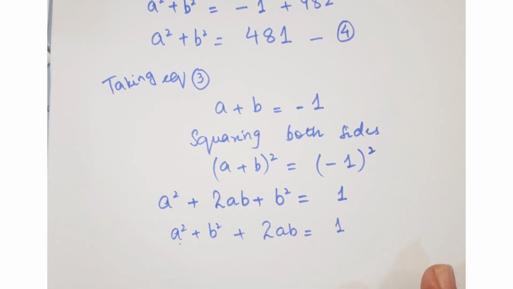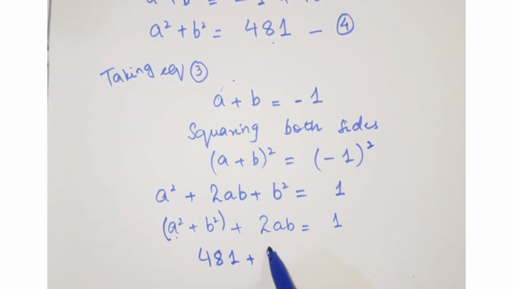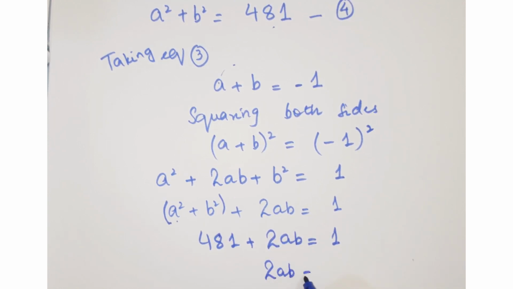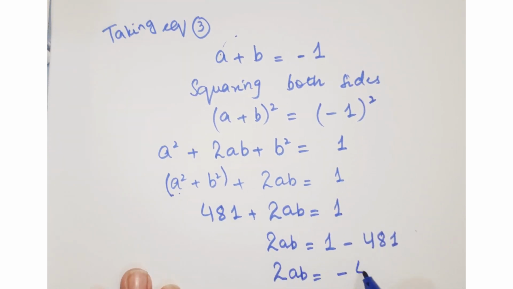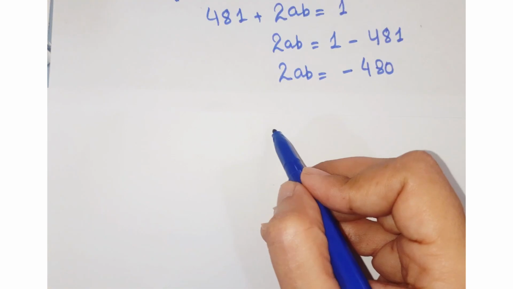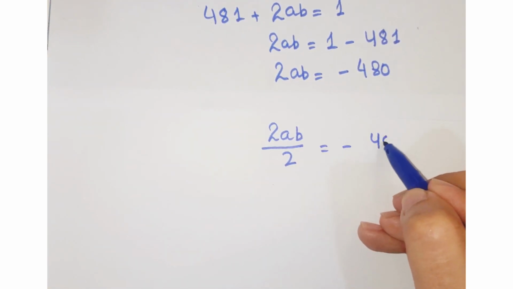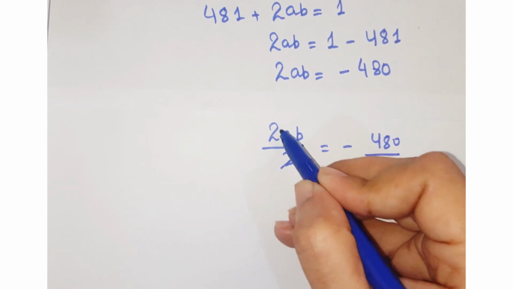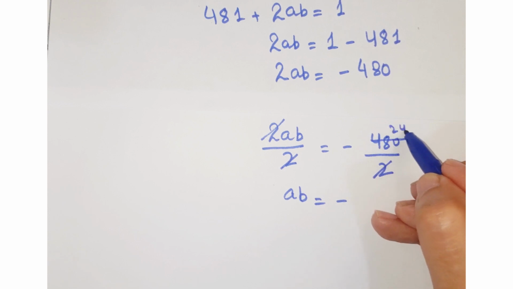Now a square plus b square has a value equal to 481. So in place of this you can write 481 plus 2ab is equal to 1. Now move this 481 to the right hand side. So you have 2ab is equal to minus 480. Now we are going to divide by 2 on both sides. So you have ab is equal to minus 240.